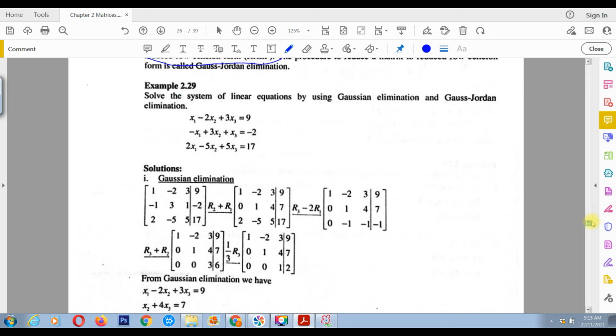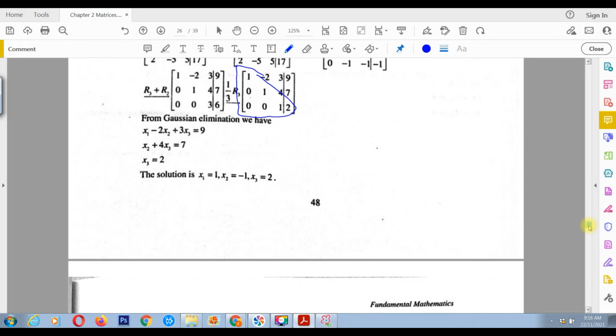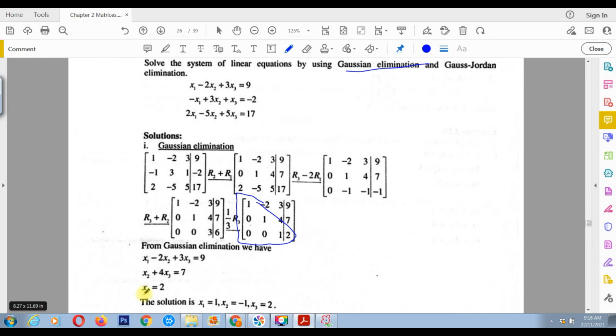So there is a difference between the eliminations. For example here, by using Gaussian elimination, you just stop when you get this triangle. Then you put it into the system of equations.